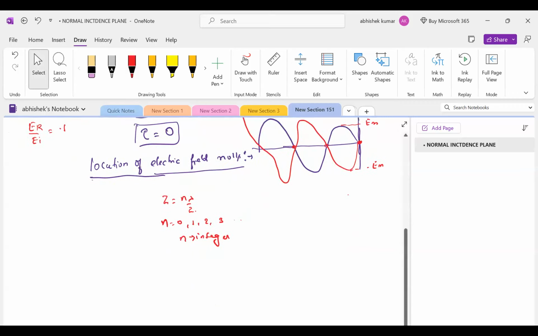Okay then. Let's see. And also one more thing I just want to say to you. The intrinsic impedance of a conductor is 0.